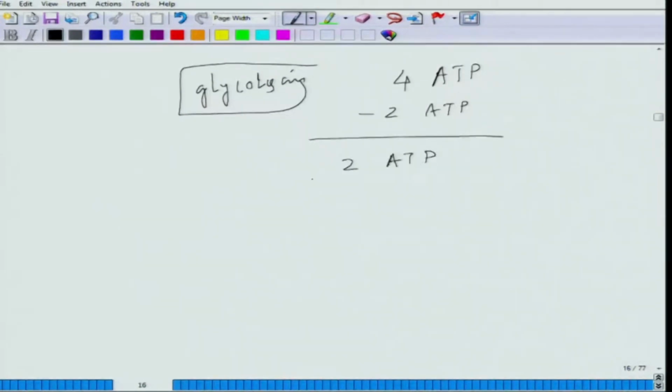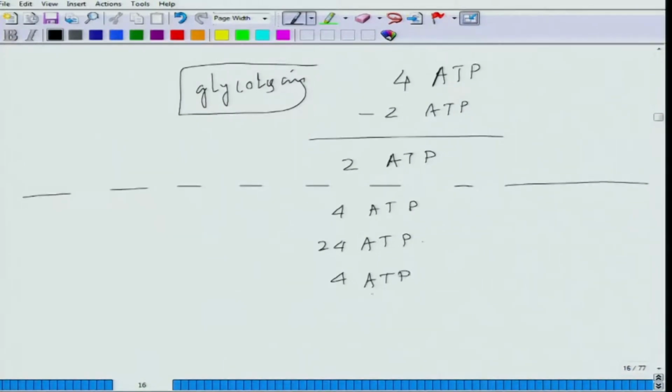Okay. Now, at the electron transport chain, now we are entering into the electron transport chain. So, you have 4 ATP, then you have 24 ATP in the TCA cycle, and you have another 4 ATP which is formed at different stages of the cycle, another 2 ATP which is formed.